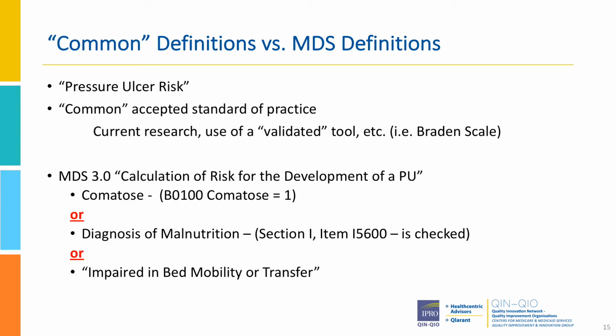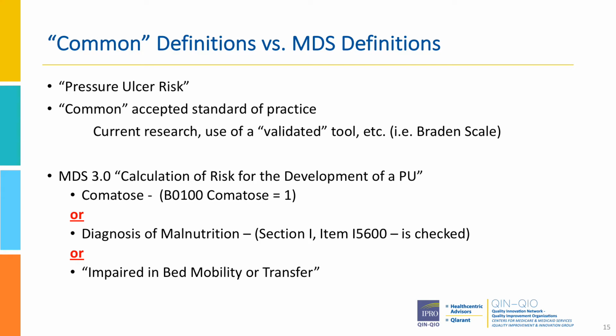For the purposes of this presentation, I'm going to stick with the high-risk pressure ulcer quality measure and the discussion of pressure ulcer risk. The common definition can be defined along the lines of accepted standards of practice to include current research and the use of a validated tool, an example of which is the Braden scale. Now I will talk about the MDS definition for the calculation of risk for the development of a pressure ulcer.